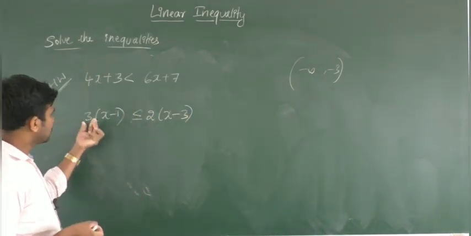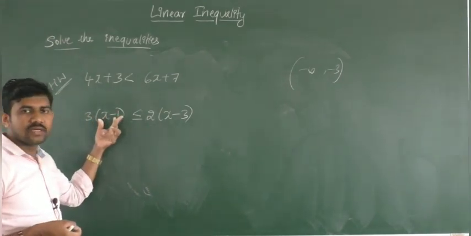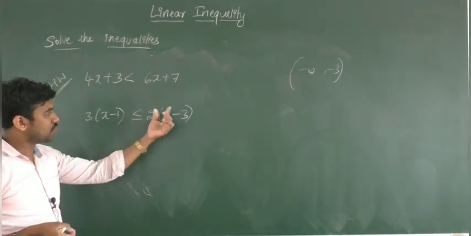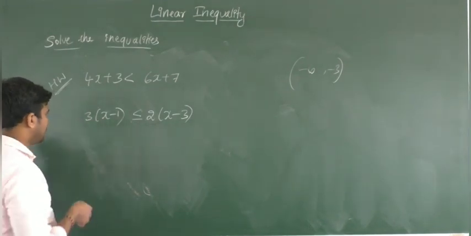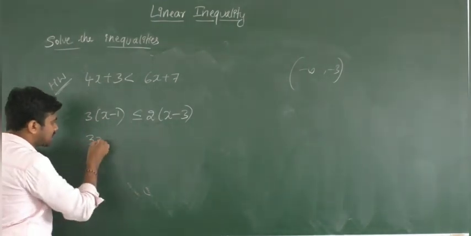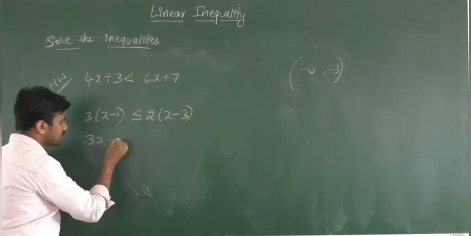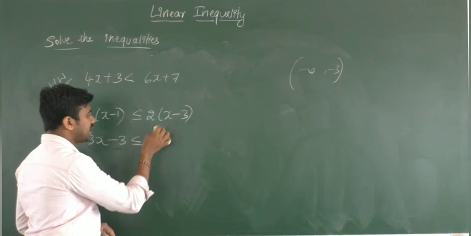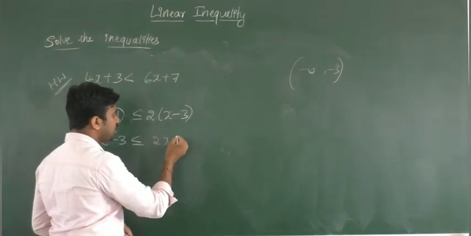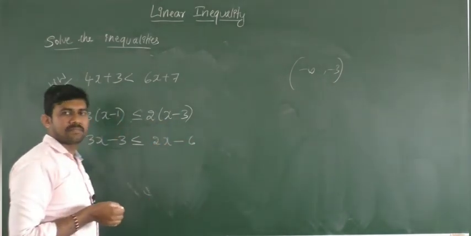Here you can observe 3 is the coefficient of these two terms and 2 is the coefficient of these two terms. So multiply 3 to each term here: 3 into x, 3x, 3 into minus 1, minus 3, less than or equal to 2 into x, 2x, 2 into minus 3, minus 6.